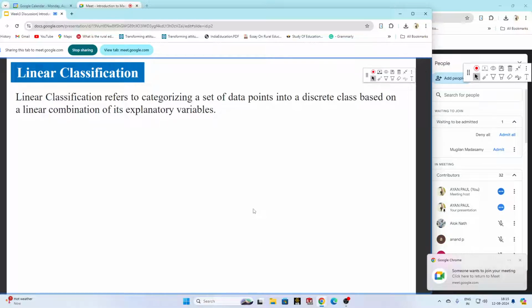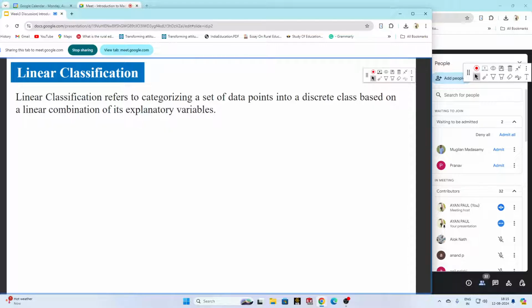We discussed how to form the equation of linear regression, then how to fit the linear regression curve to the data, which we do by RSS, the residual sum of squares.